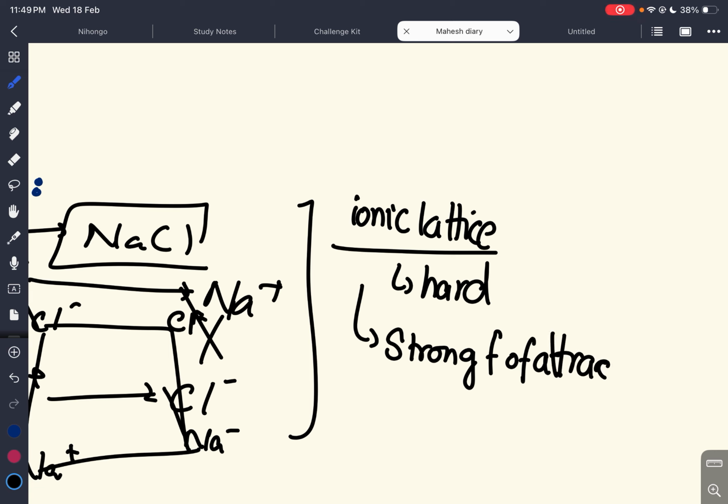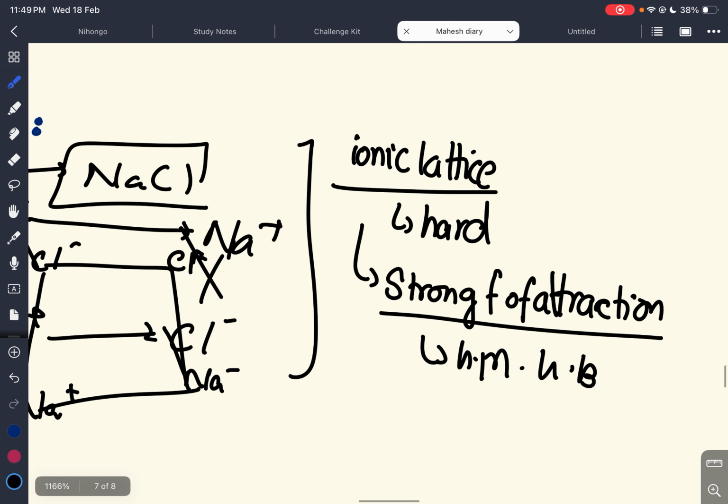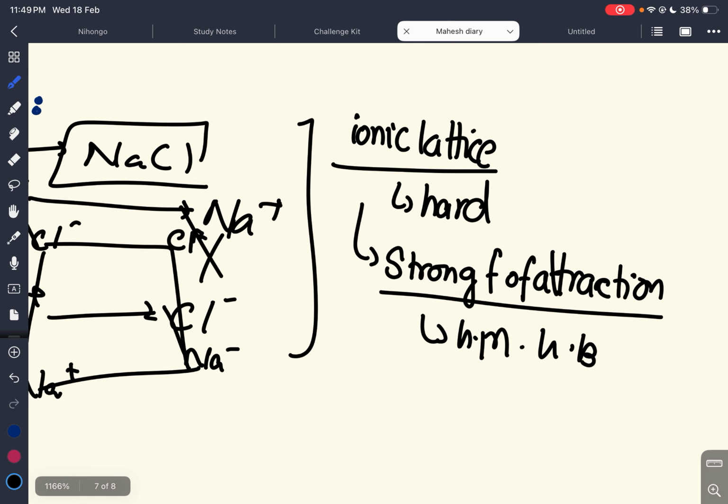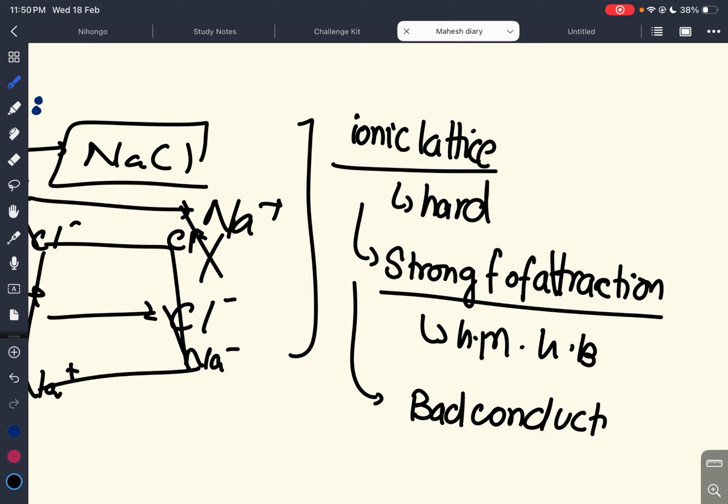And when we have a strong force of attraction, eventually it has a high melting point and a high boiling point, and within that it is a bad conductor of electricity. Why? Because it has no free electrons, because all the electrons have been used and they have become stable. So it is a bad conductor of electricity eventually.